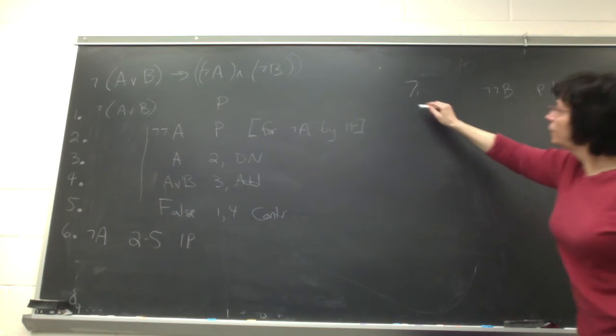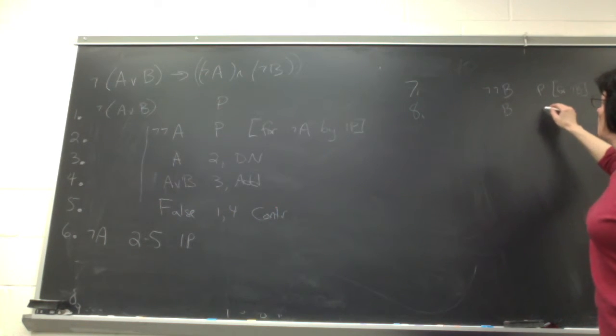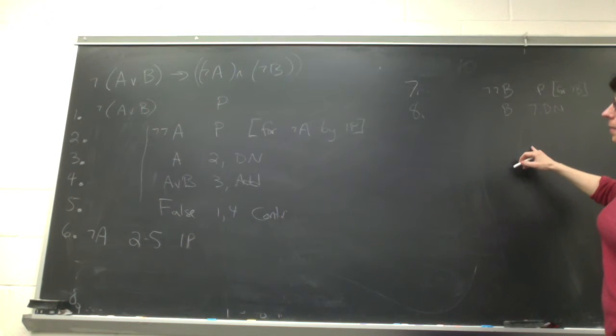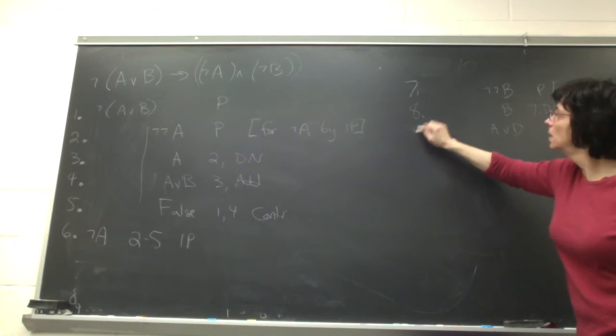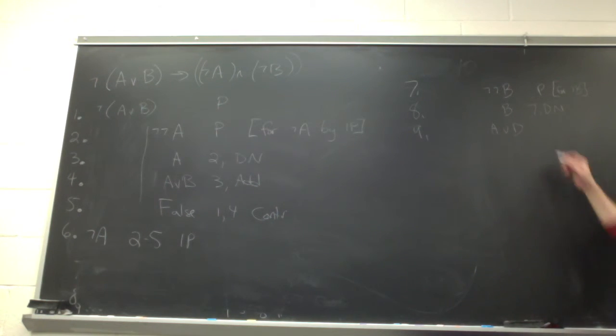Right. And so now we can do exactly the same thing. We can say, well, I can get B based on double negation in line 7, right? So I can get A or B based on what? 8 in addition, very good.